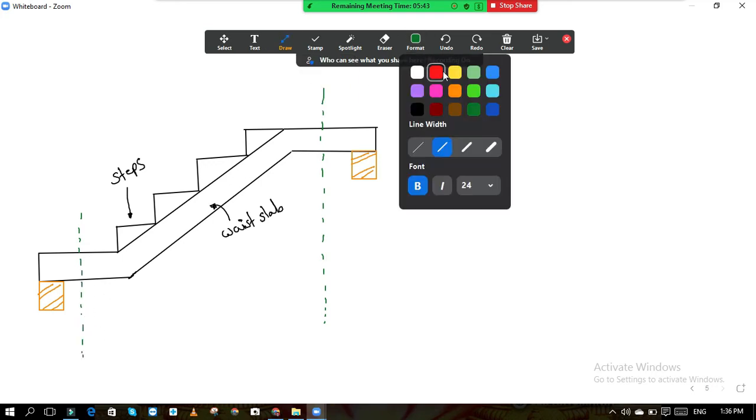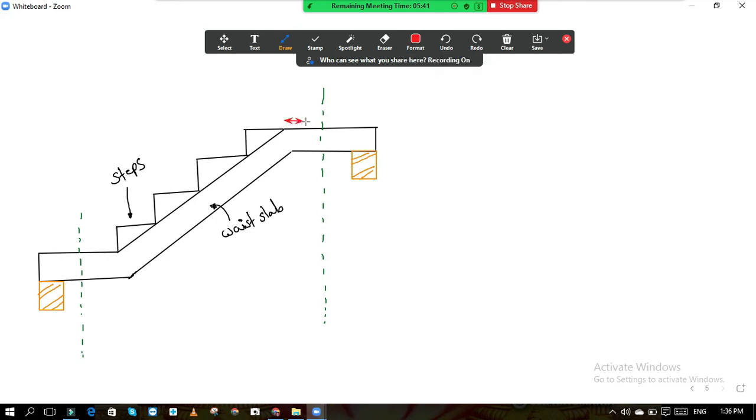Now here, suppose the total width, from this point to this point, let us assume as 2y. Then this total width is 2y, so this is y, and this will also become y.